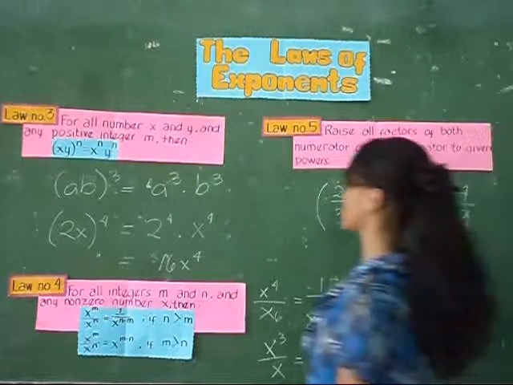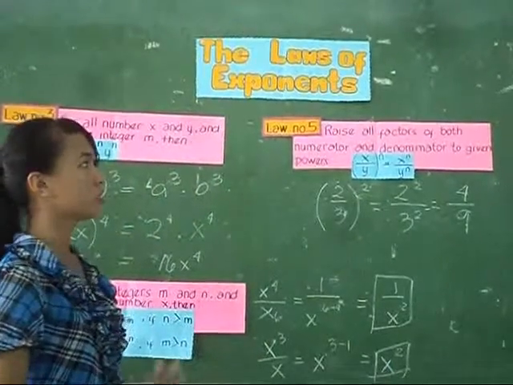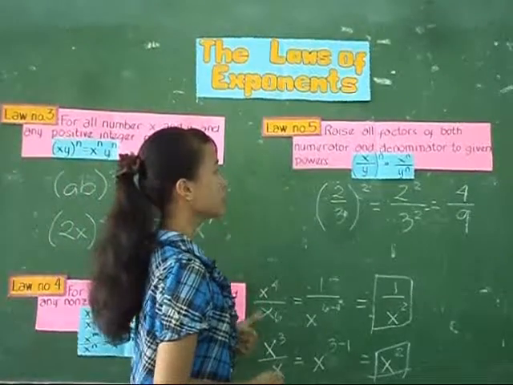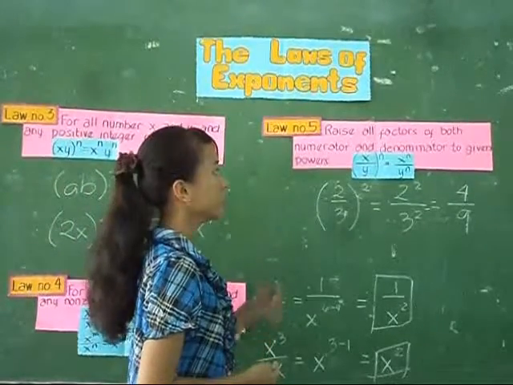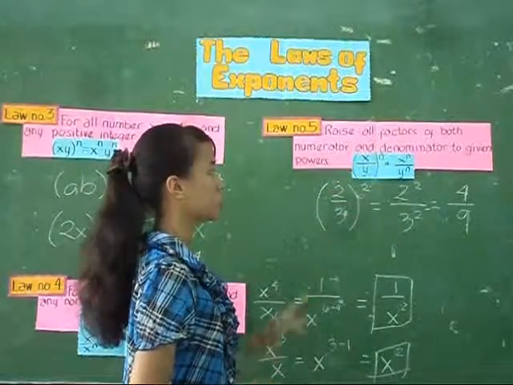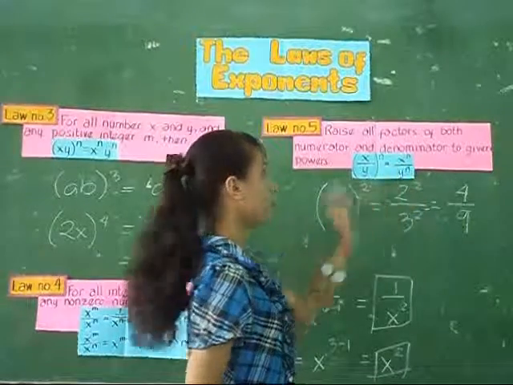We have the last law, which is to raise all factors of both numerator and denominator to the given power. We have our formula, the quantity x over y to the exponent of n is equal to x to the power of n over y to the power of n.